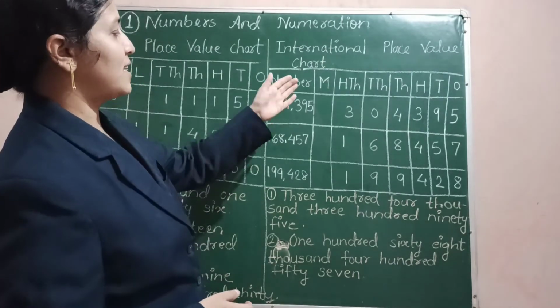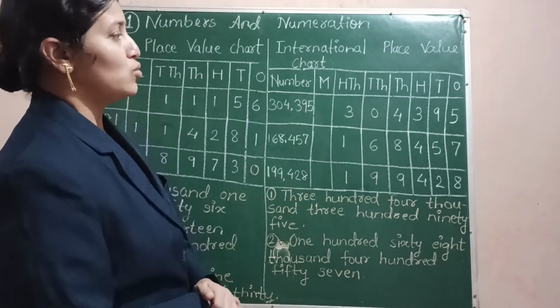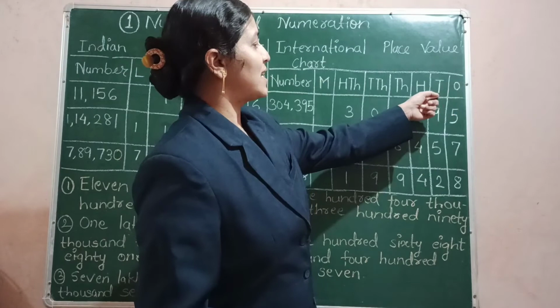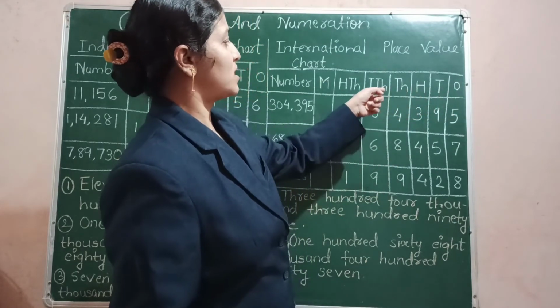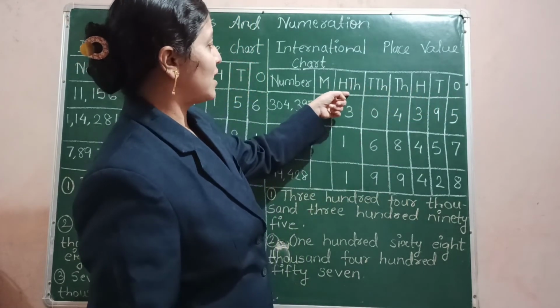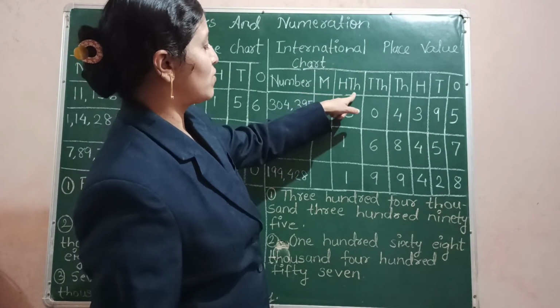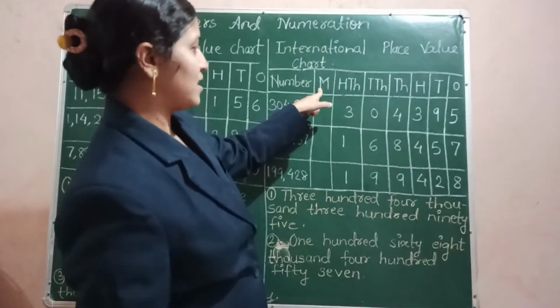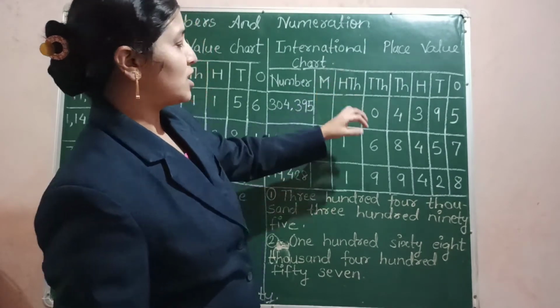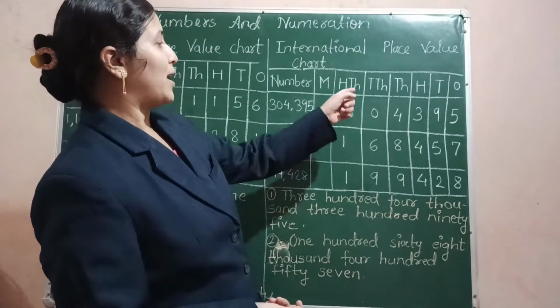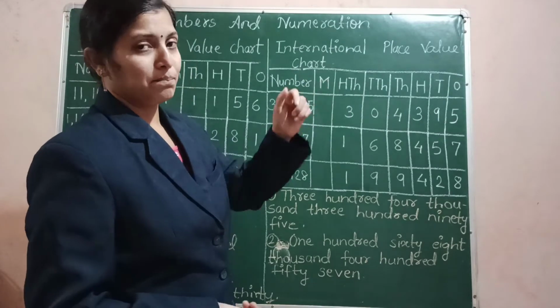So here you can see I have written the place values, that is ones, tens, hundreds, thousands, 10,000s, 100,000 and million. In Indian system we don't have 100,000, we have lakhs and 10 lakhs. But here, in international place value system, we have 100,000 and million.